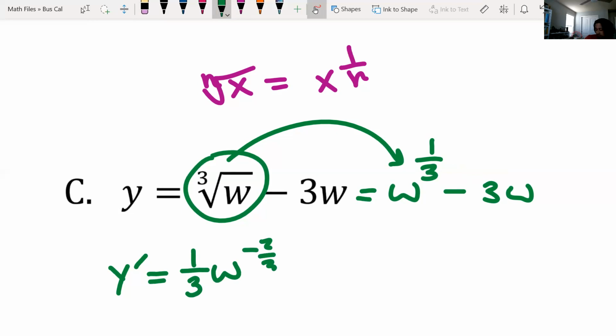Negative 2/3 minus 3. And what is the derivative of W all by itself? 1. 1. So this is done.